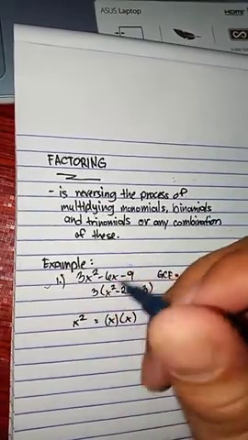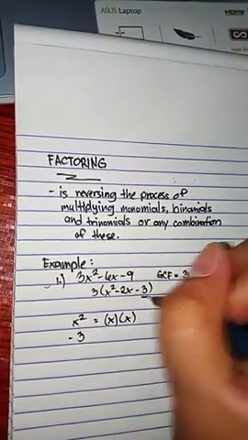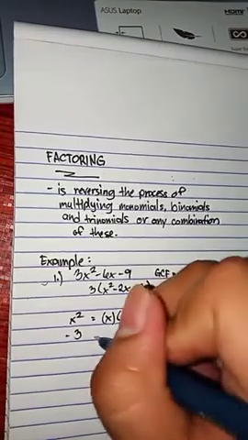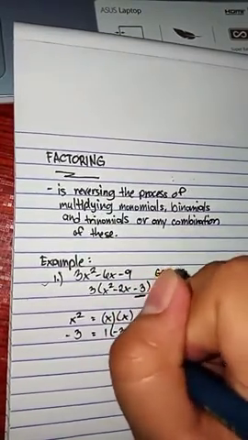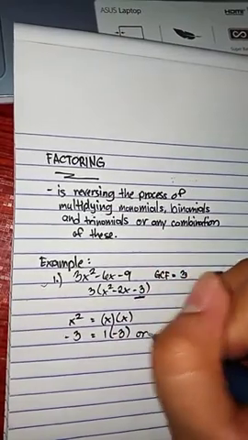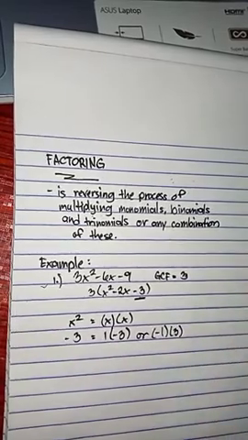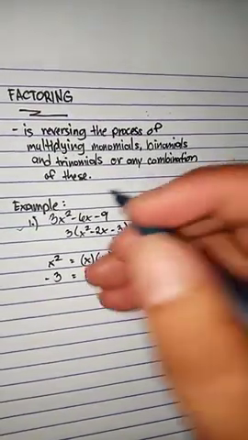The last term is negative 3, so its factors can be 1 times negative 3 or negative 1 times 3. So how are we going to arrange that?